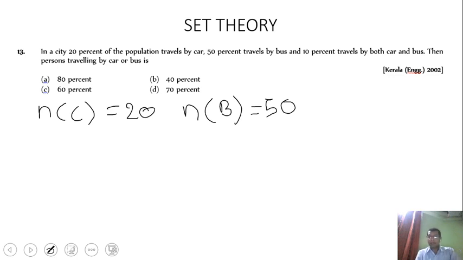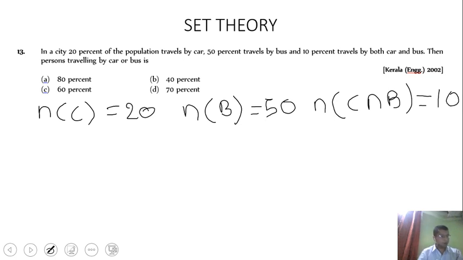Next, 10% travel by both car and bus, so this can be written as n(C intersection B) equal to 10.